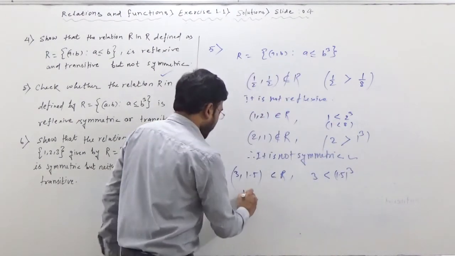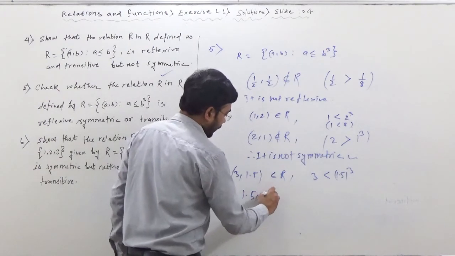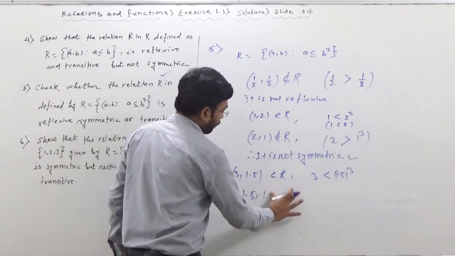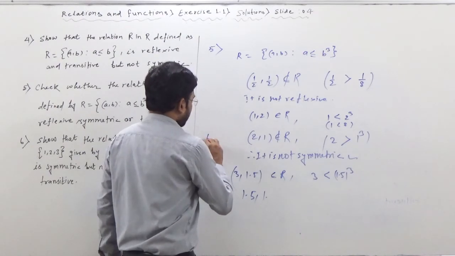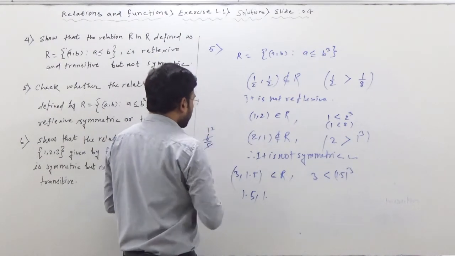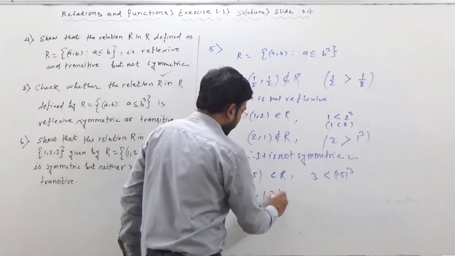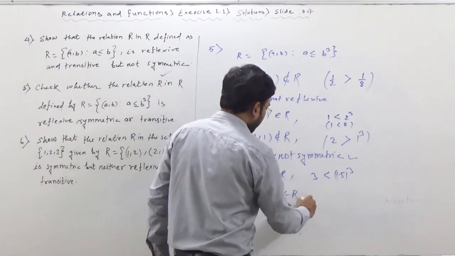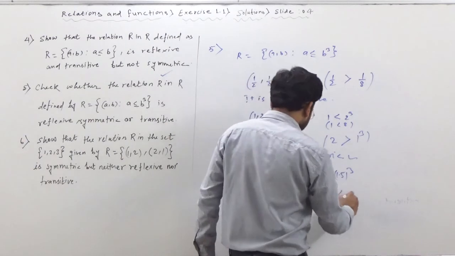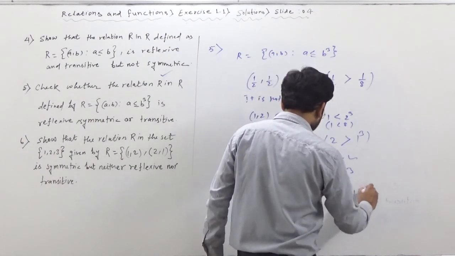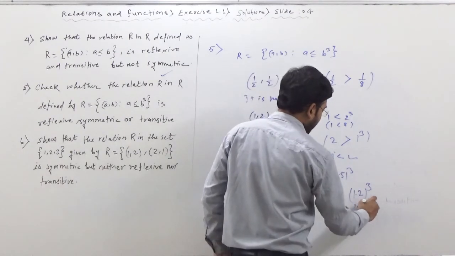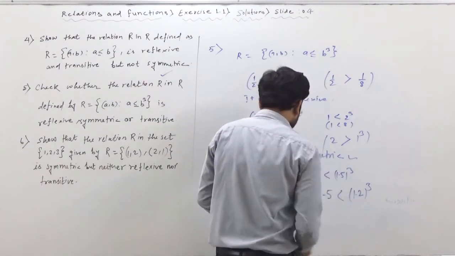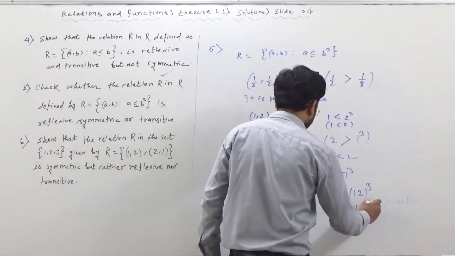Now if you are taking (1.5, 1.2), let's suppose 1.2 is 6 by 5. Let's suppose (1.5, 1.2) belongs to R. Is it possible now, 1.5 is less than 1.2 cube? 1.2 cube, yes, this is how much? 1.7 something, 1.76 something. So this is okay.